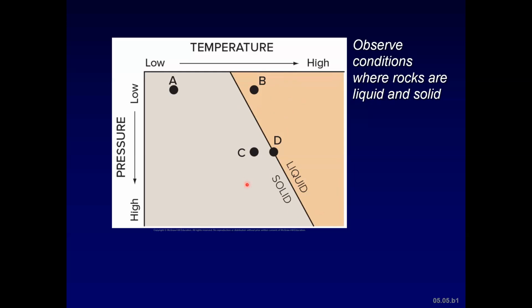Point B is the same pressure as point A, but there's a higher temperature present at point B, so point B is a liquid. It's just hotter. Point C is at the same temperature as B, but it's at a higher pressure, so it plots in a solid field. And then point D is going to have both solid rock and magma present.